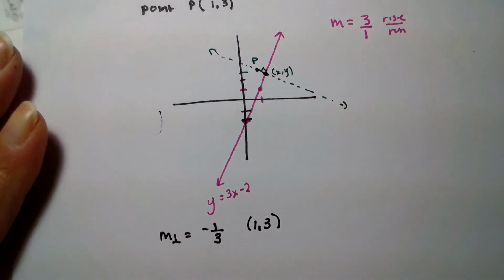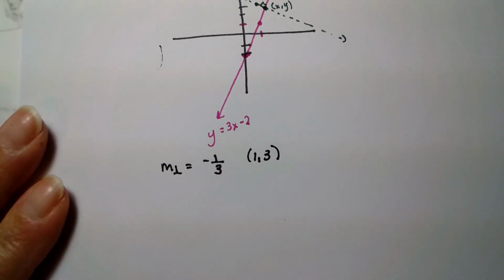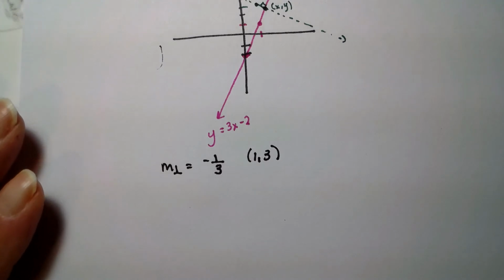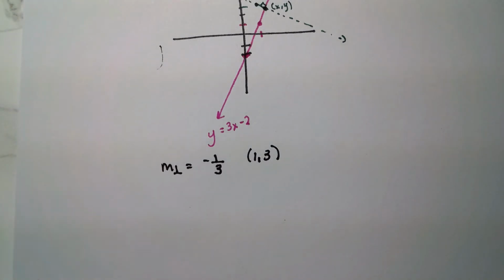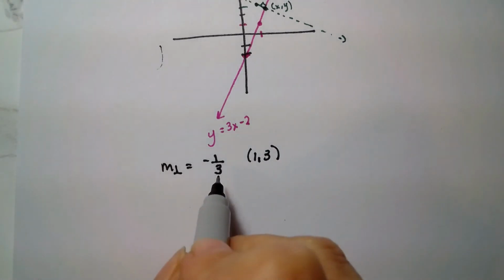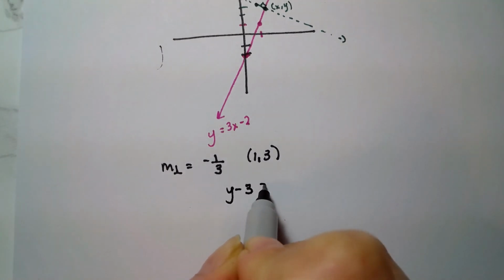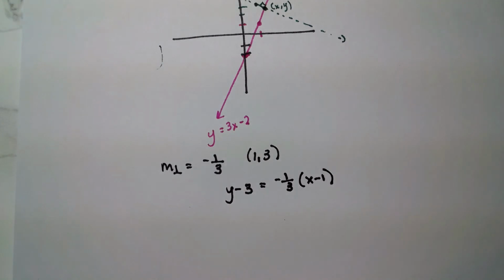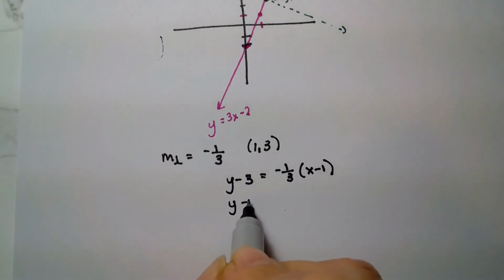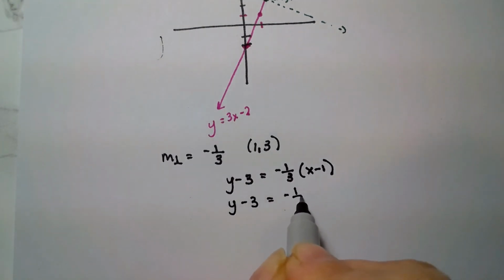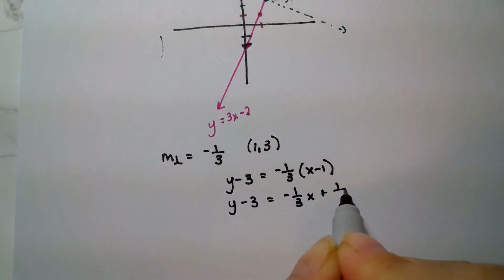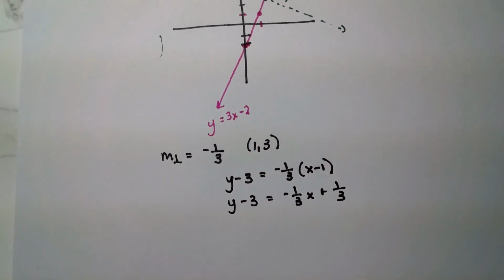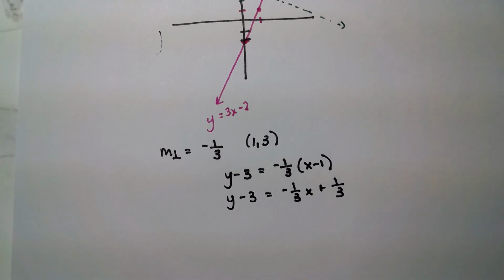I'm going to substitute them into the point-slope formula so I can find the equation of the perpendicular line. So y minus 3 is equal to negative 1/3 times (x minus 1). y minus 3 is equal to negative 1/3 x plus 1/3. Now I'm going to solve for y and put this in slope-intercept form.